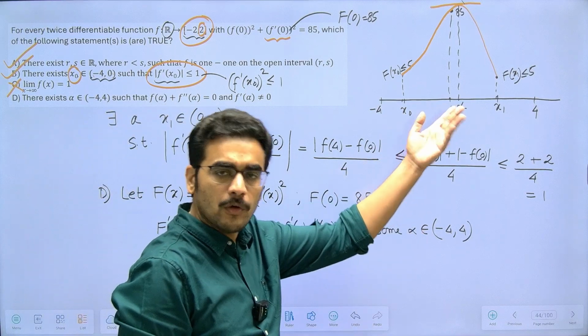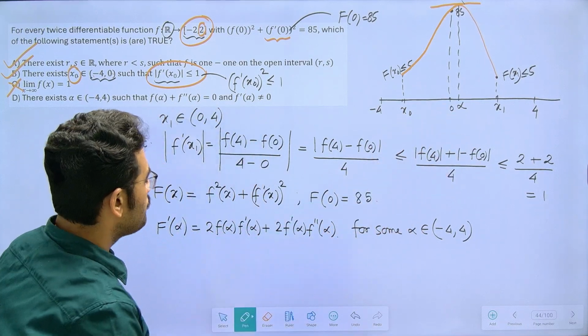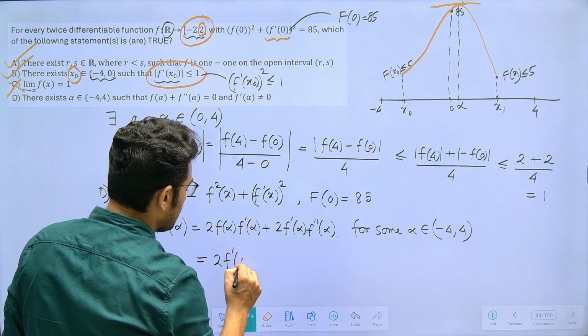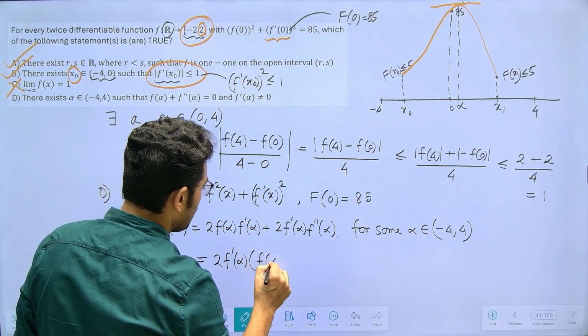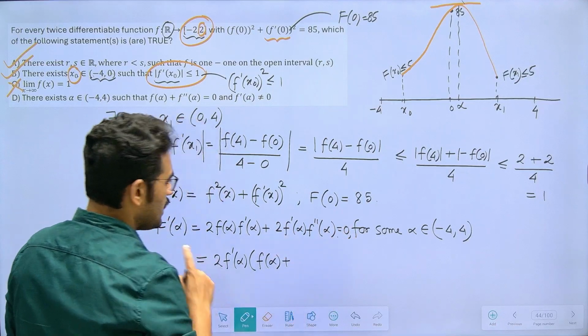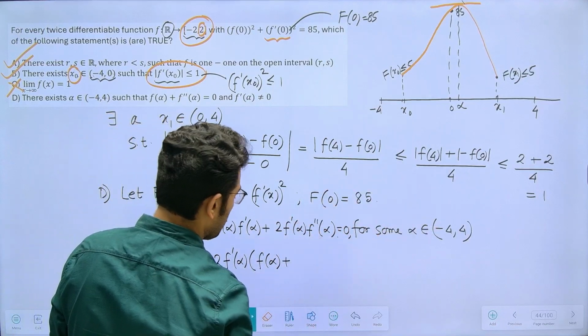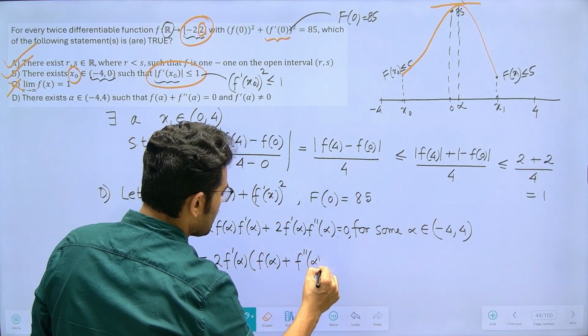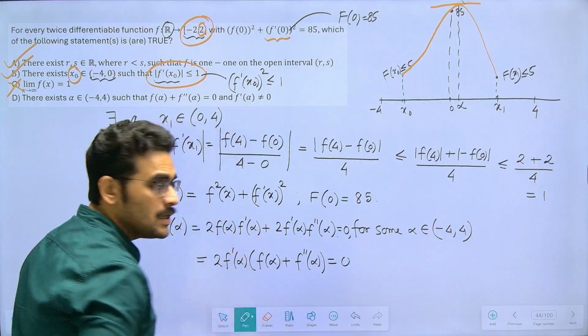That alpha may be 0 also or any other value. Now if I take 2f dash alpha common, we will get 2f dash alpha times f alpha plus f double dash alpha, and this should be equal to 0.